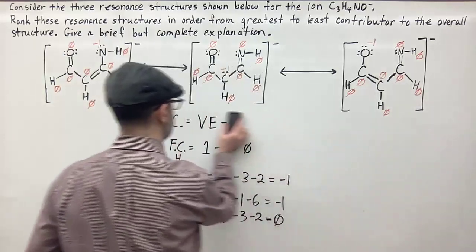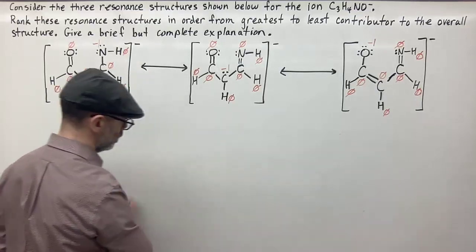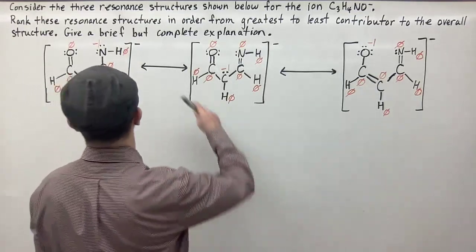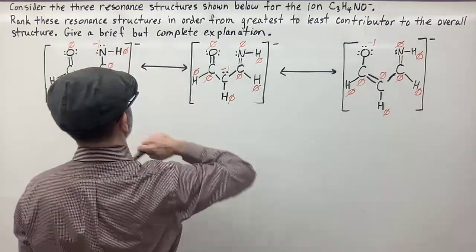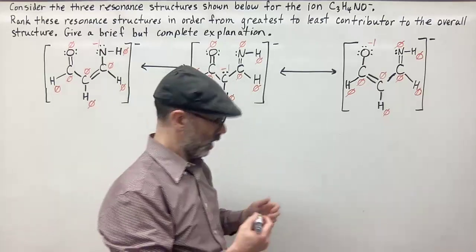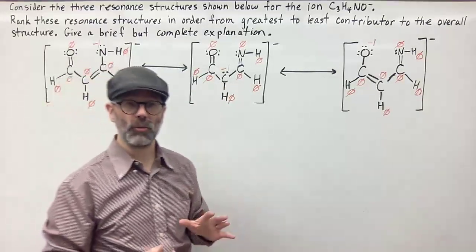Let me go ahead and erase this since we don't need this anymore. Now, what do they want us to do? They want us to rank these resonance structures in order from greatest to least contribution. Now, there's 3 factors we need to consider regarding formal charges.